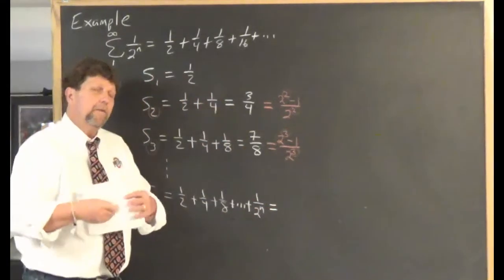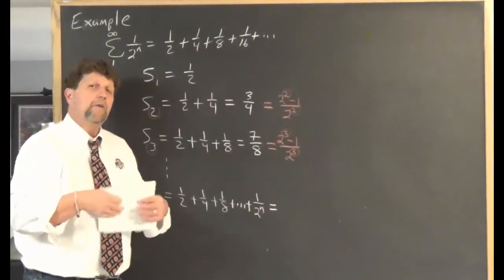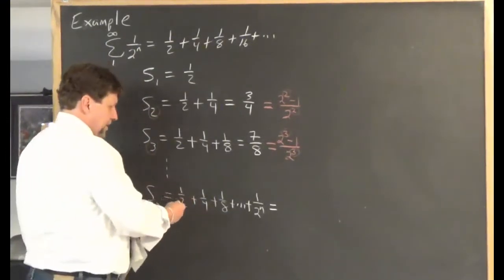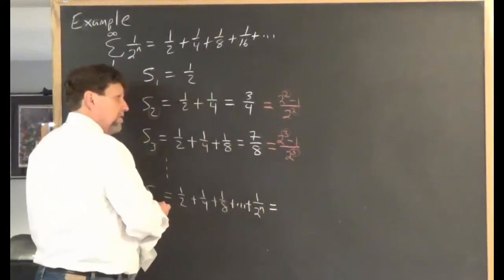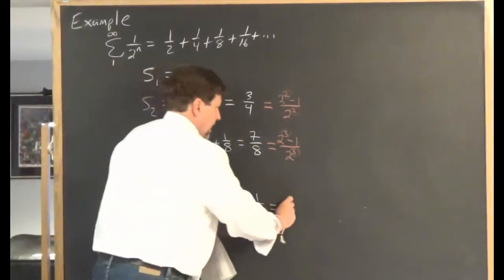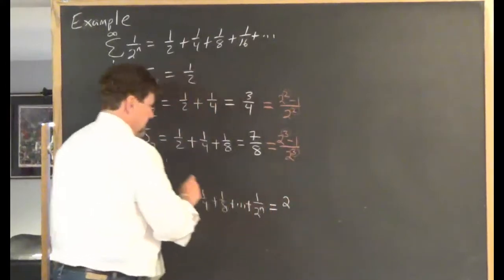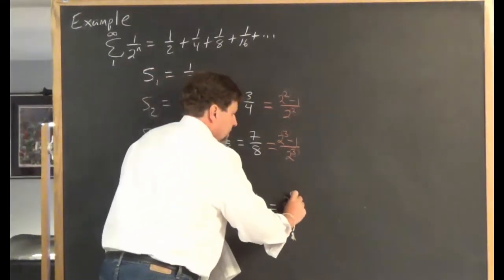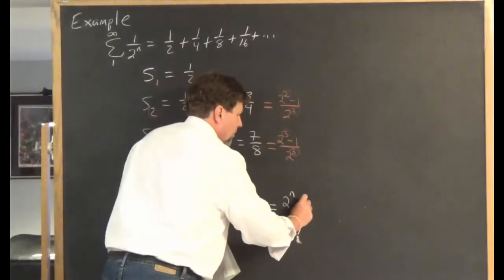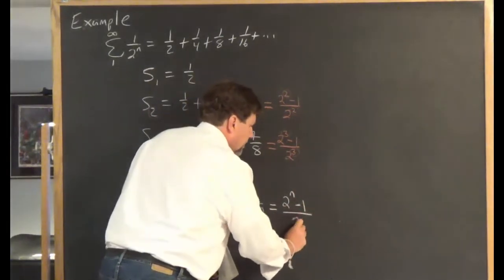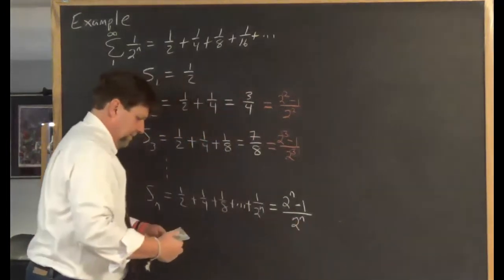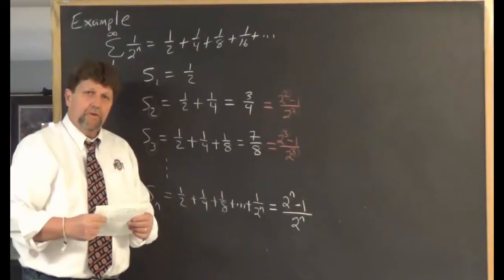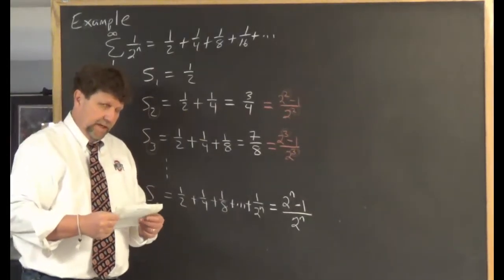Noticing that pattern. Remember in the last video, the last section, I said there would be something about being able to recognize a pattern. I think that can tell me that the nth partial sum will be, let's keep that exponent, 2 to the n minus 1 over 2 to the n.